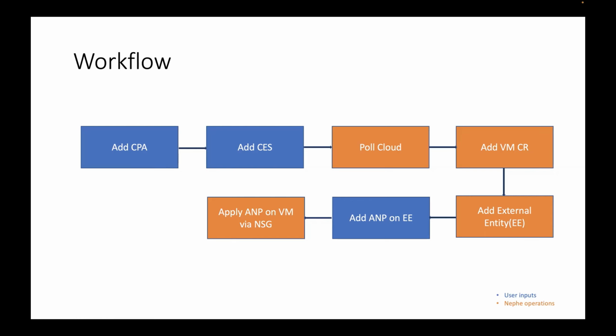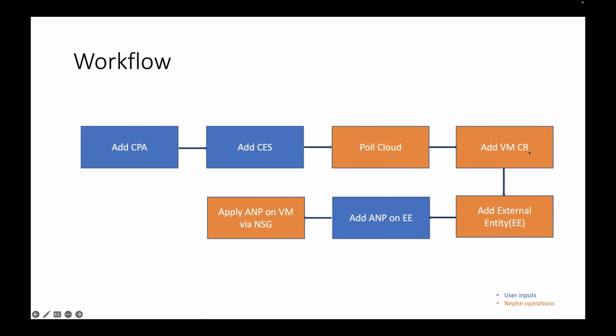So using CES CR, you add that matching criteria. Once these 2 things are added, Nephi polls the public cloud and identifies all the resources matching the criteria.